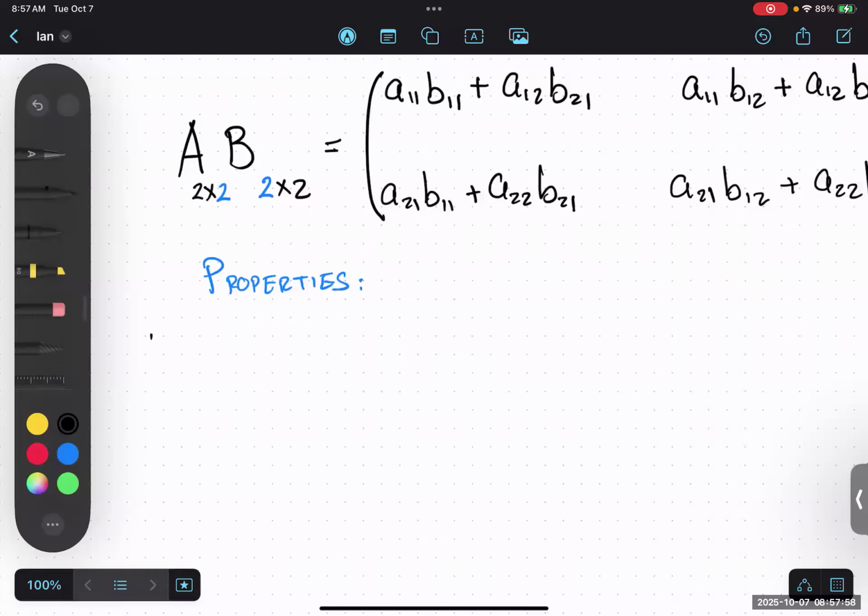So suppose that you have matrix A times B, and this is something that you want to transpose. You can apply the transpose to each of the matrices, but you have to flip the order of the matrices. B transpose, A transpose.